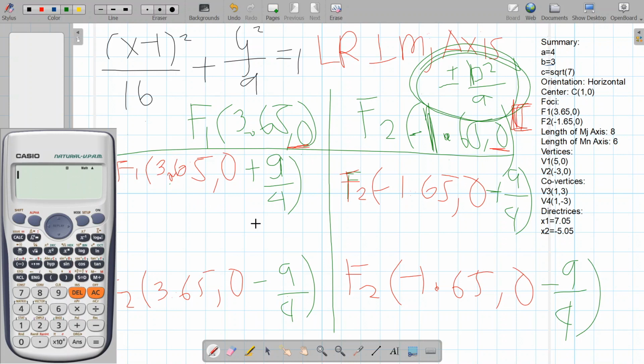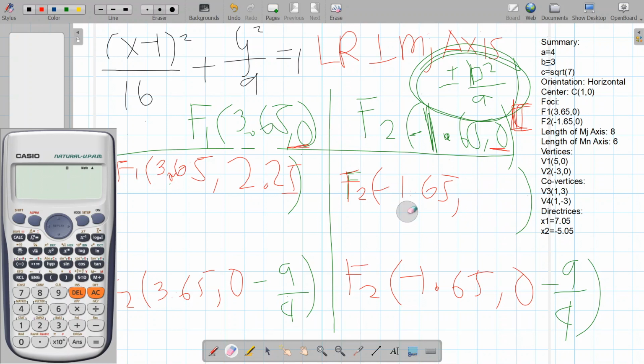What is 0 plus 9 over 4? It is just 9 over 4, which is 2.25. So we can erase this one and rewrite it as 2.25.